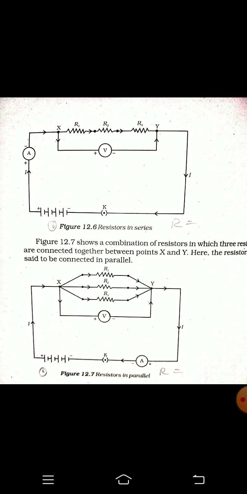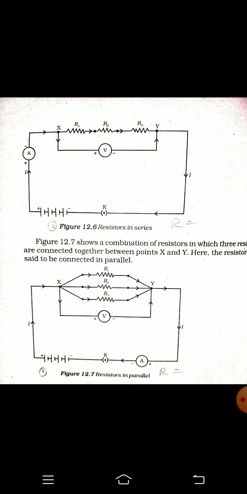That means first R1 resistance is kept, then at the end of the R1 resistor the starting of the R2 resistor is there, and at the end of the R2 resistor the R3 resistor is joined. This means they are joined end to end with each other. So in other words, we can say that the resistors are connected in series.